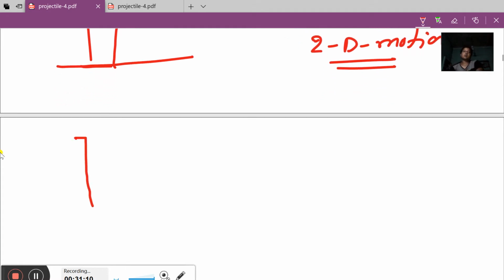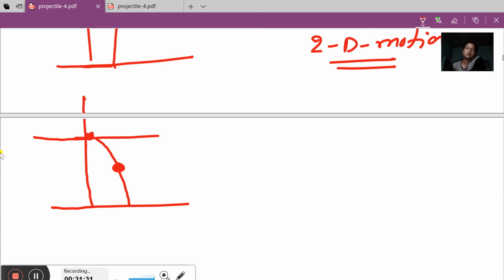So approximately we can say the body goes horizontally and also comes vertically downward. Let after time t the body be at this position. This one is our y axis, this one is our x axis.